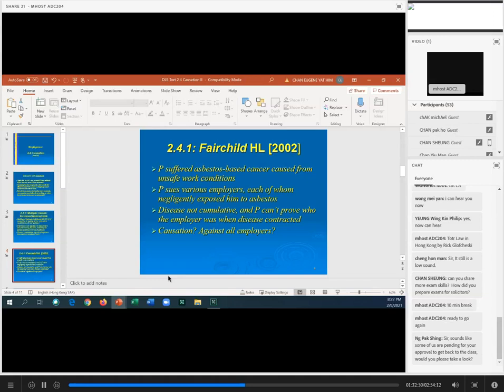Well, nobody could really say that. So the House of Lords considered it would be fair, just and reasonable to create an exception to the general rule of causation in this particular context. It would be sufficient if the claimant, the employee, could show that the negligent exposure had materially increased the risk or materially contributed to the risk that the worker would develop the disease.